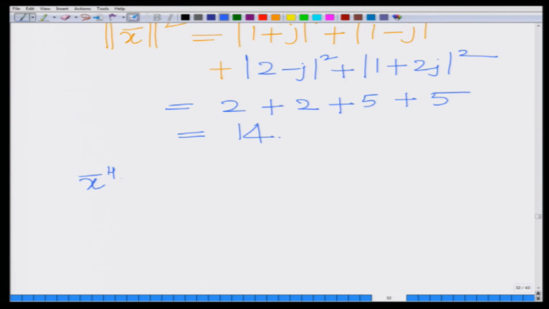Therefore, x bar Hermitian y bar is basically equal to the conjugate transpose of x, which is 1 minus j.